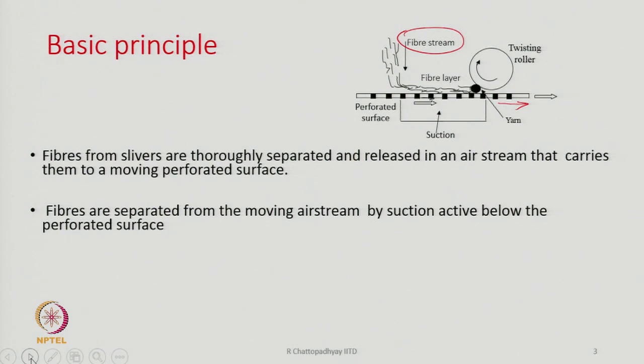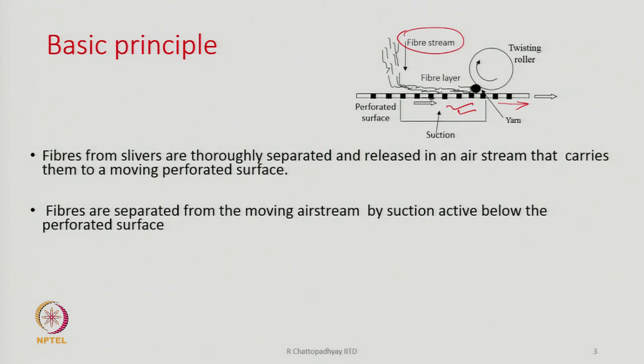Fibers are then separated from the moving stream by suction, which is active below the perforated surface. So, in this region there is a suction acting. Whereas the fibers are landing on the perforated surface, the air is sucked out and the fibers rest on the perforated surface, which acts like a screen.